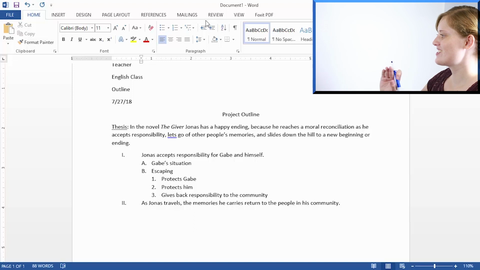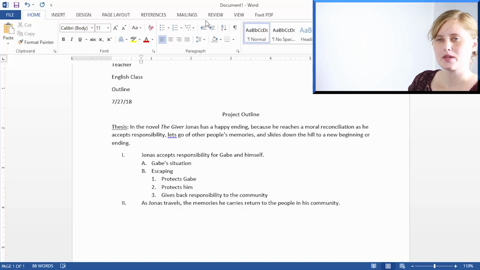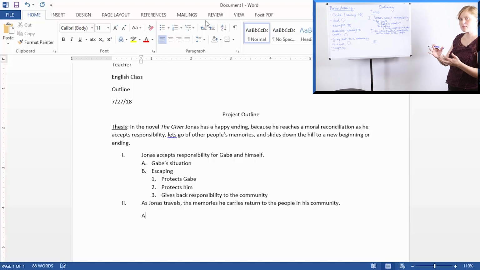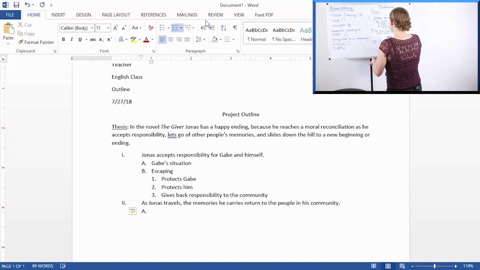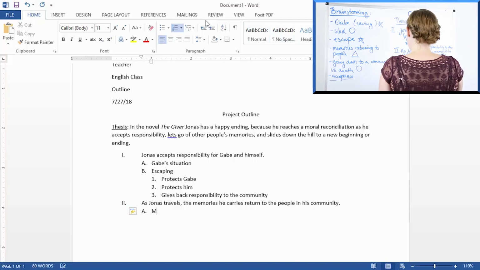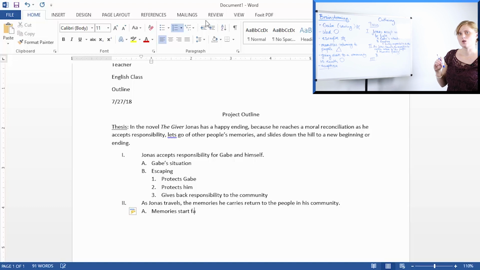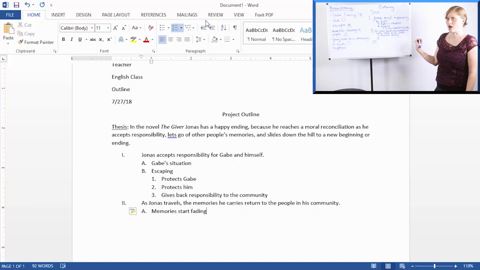Okay. Under this, for textual support, there are a lot of examples of specific memories that he has been carrying fading. So I'm going to say that his memories are fading, and I'm going to say that that means that he is no longer morally responsible for others, but only for himself.